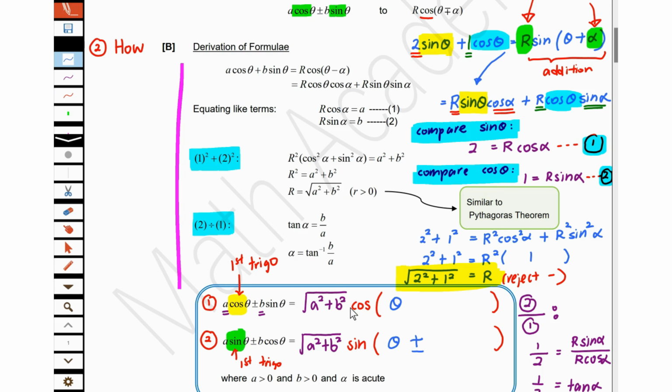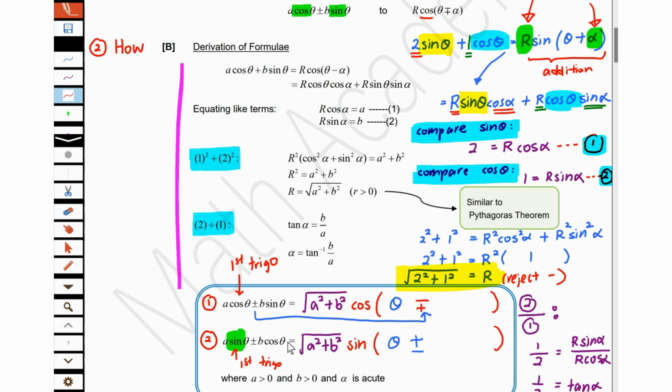But if you see a cosine first, you have to switch the order. If you can see that it's a plus here, then here must be minus. If this is a minus, then this shall be a plus. So you always have to reverse the signs when you see a cosine written first.